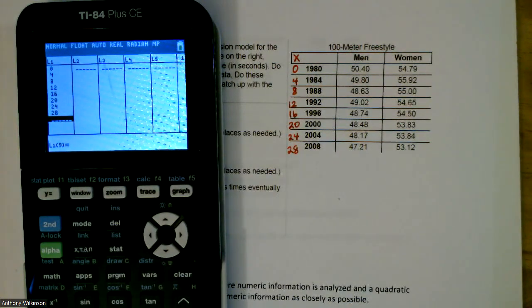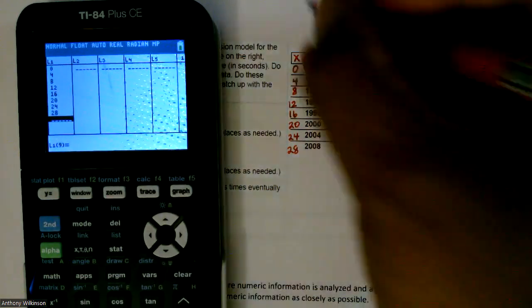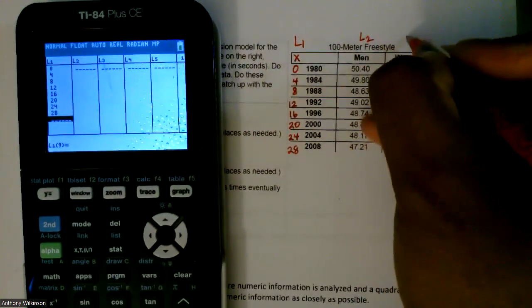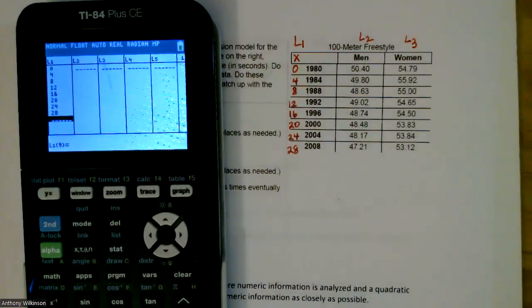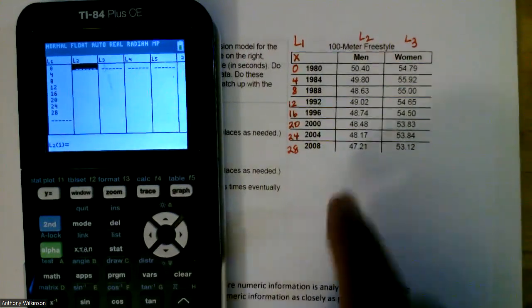Now for the men, and by the way, this went into L1. For the men, this will go into L2, and for the women, it will go into L3. So for men, I'm going to use my right arrow key, and enter these numbers in L2.